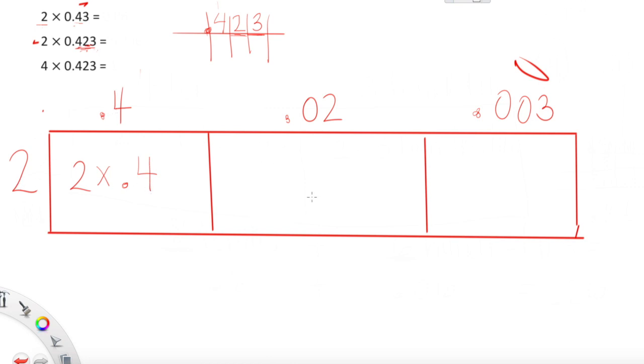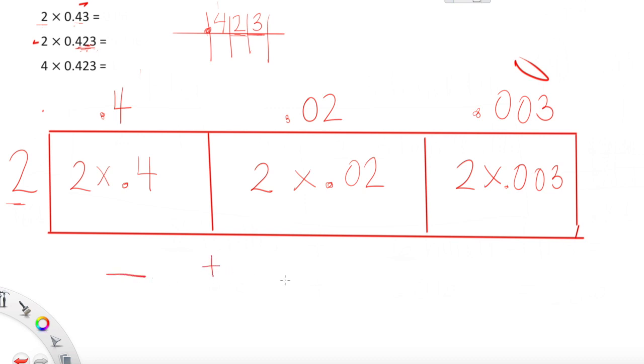Our second expression is going to be 2 times 2 hundredths. You see how that matches up? Our third expression is going to be 2 times 3 thousandths.